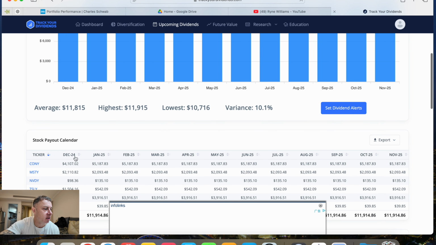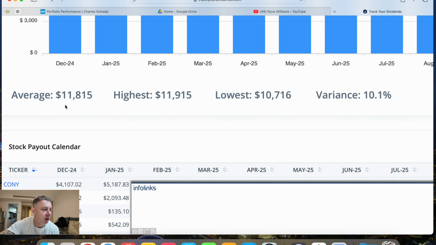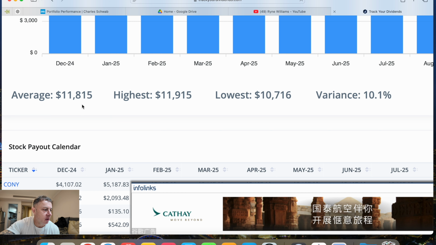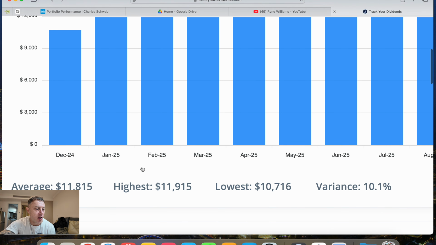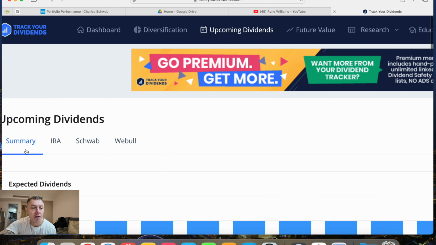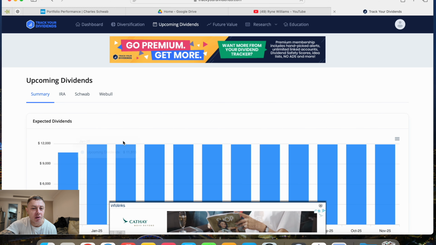So here we are on the upcoming dividend summary page. If you go here, you can see we're getting around $11,000 per month, every month for all the portfolios combined. And you can see I've got 3 portfolios: IRA, Schwab, Webull. Summary's not a portfolio; it's all of them combined.